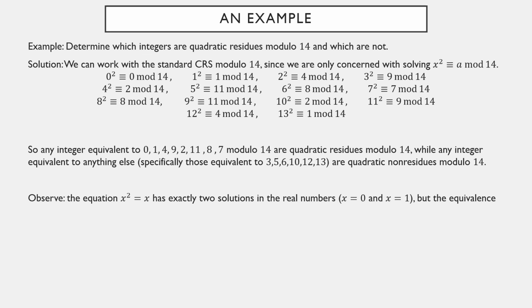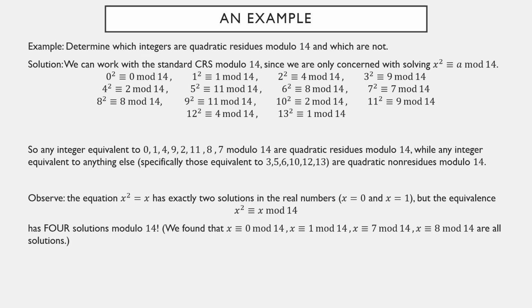One thing to look at is that if you are looking in the real numbers, x squared equals x, there's only two numbers, 0 and 1, that when you square them equals itself. But modulo 14, x squared equivalent to x mod 14 had 4 different solutions. 0 squared was equivalent to 0, 1 squared to 1, 7 squared to 7, and 8 squared to 8.